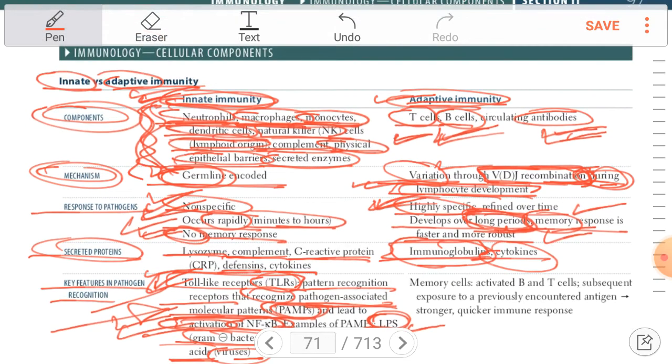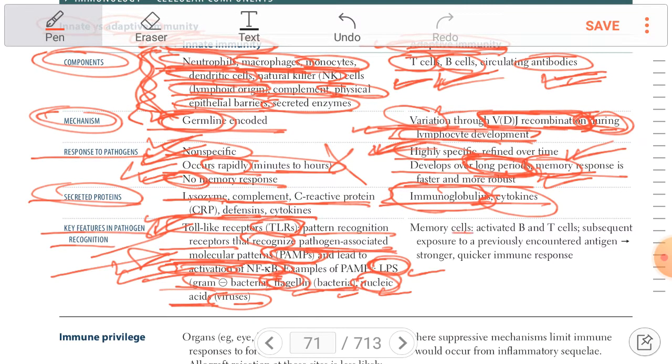Then adaptive immunity, we spoke about it. There is memory in adaptive, and no memory in innate. So what is meant by memory cells? Activated B and T cells, leading to a fast response upon subsequent exposure to a previously encountered antigen.